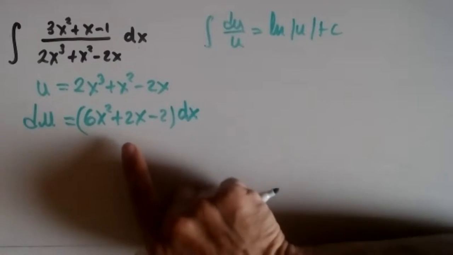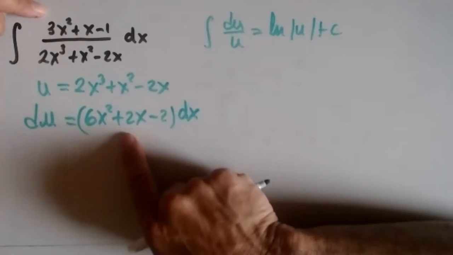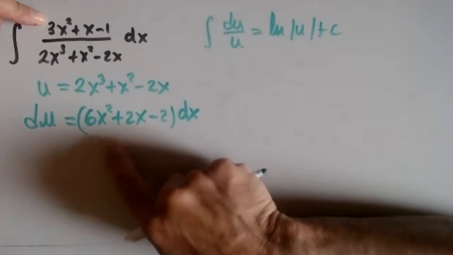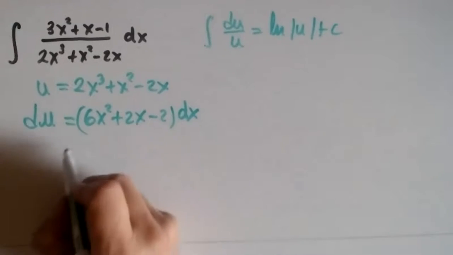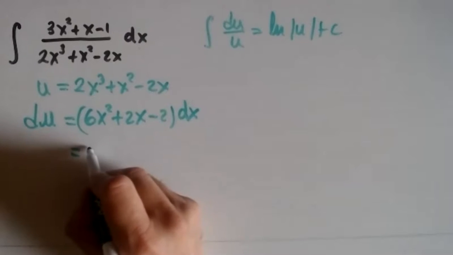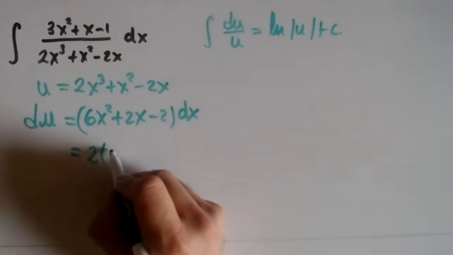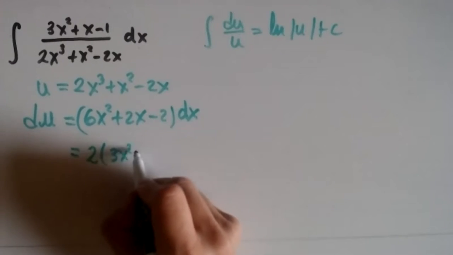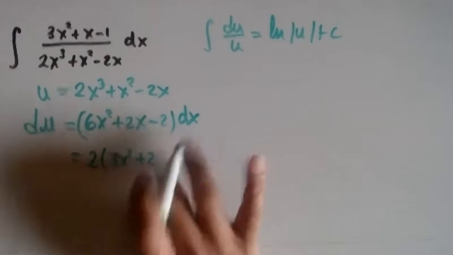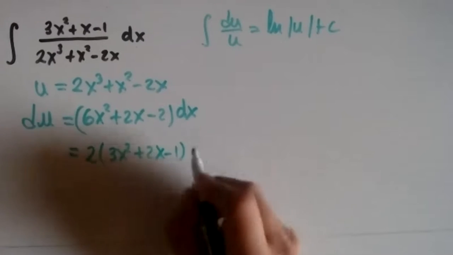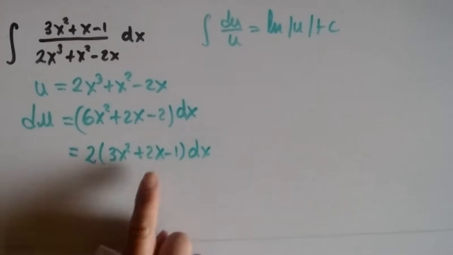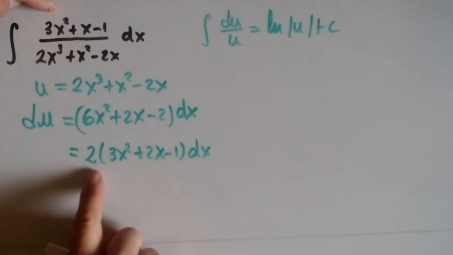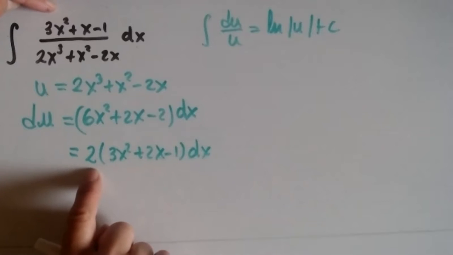Well, this is not exactly 3x squared plus x minus 1, it's divided by 1/2. I can factor a 2, and I have 3x squared plus x minus 1 dx, and I see that this expression only needs a 2.